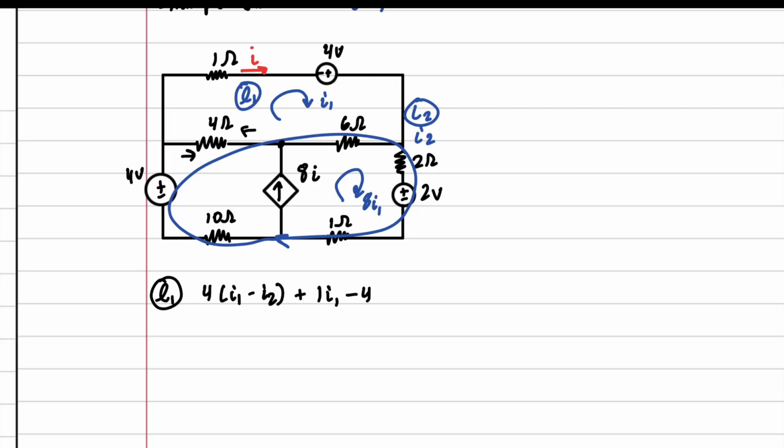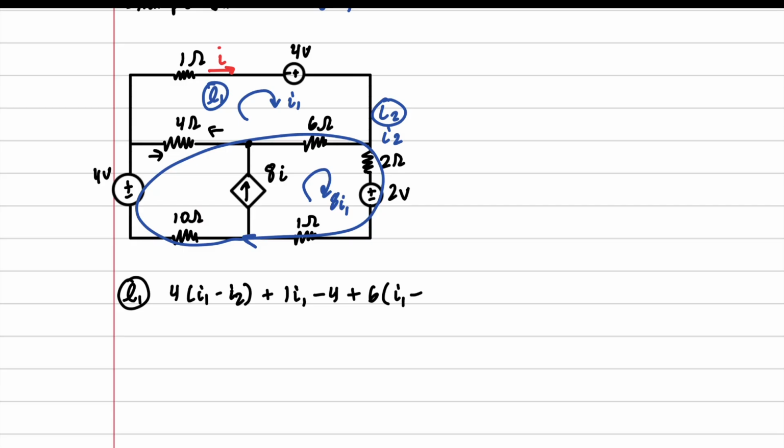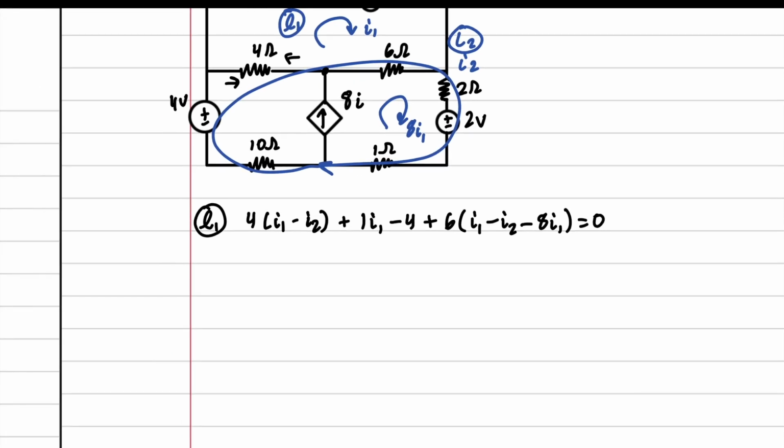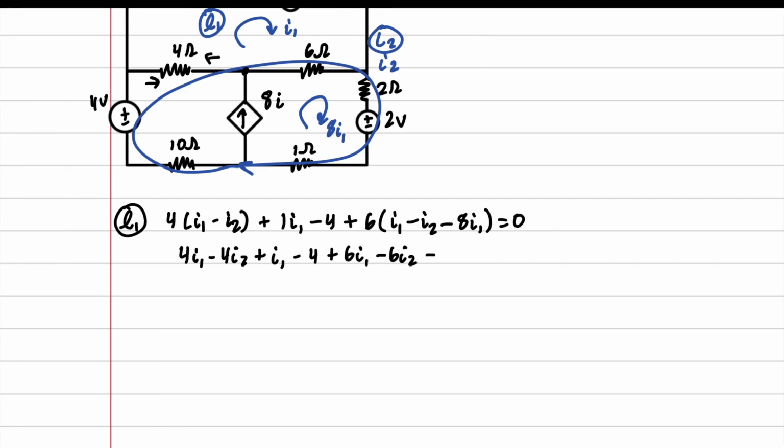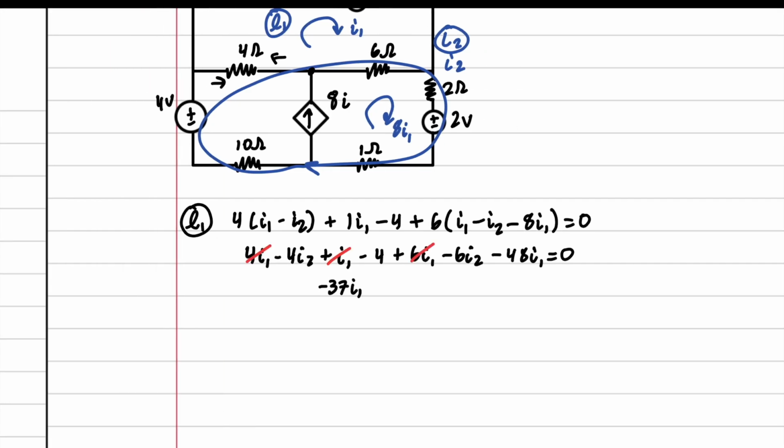And we have one last resistor, the 6 ohm resistor. We have I1 going in that direction, I2 opposing us, and 8I1 also opposing us, and all that equals 0. I'm going to simplify this, and we are left with -37I1 - 10I2 = 4.